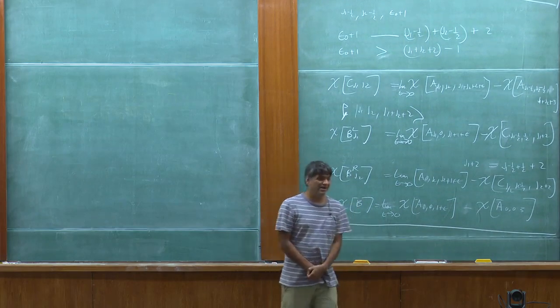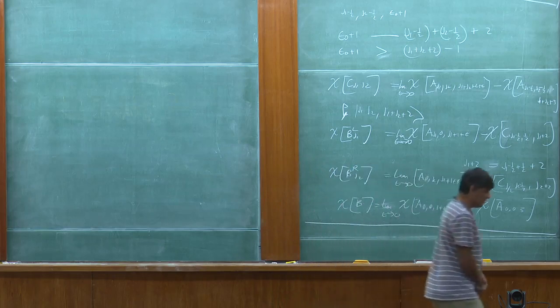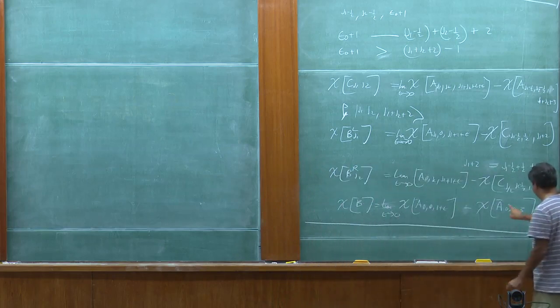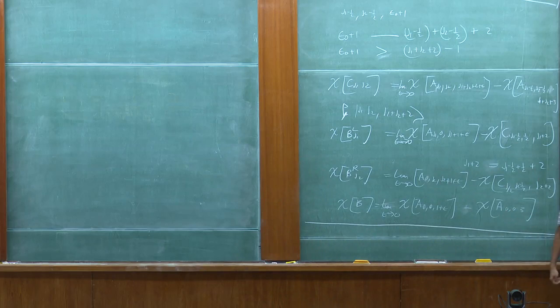Del square phi was the null state, was this guy. And now it is not null, it's added with something. Typically, let's say you had a theory like phi to the 4 theory. Del square phi will now be phi cube. Phi cube is a dimension 3 operator at the free point, which combines with this dimension 1 operator to make a long dimension 1 operator.